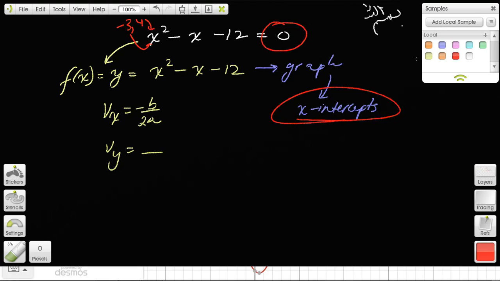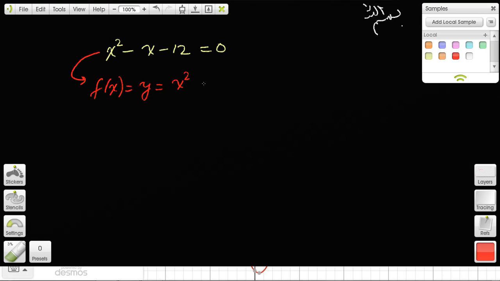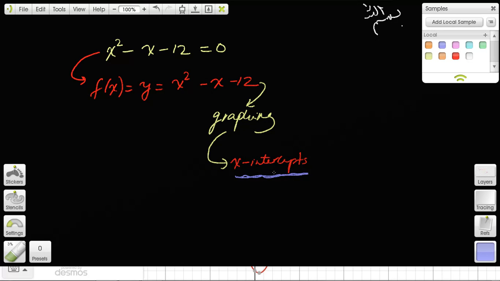Got it? So now a summary: if you have an equation, you can solve this equation by pretending, so to speak, it's a function, turning it into a function like this, then graphing this function, and then once you graph the function, you find the x-intercepts, because the x-intercepts represent the values, the inputs, that will give the output as 0.